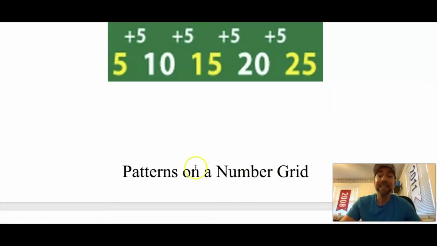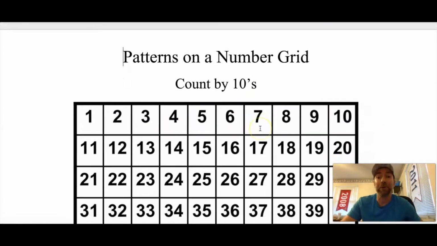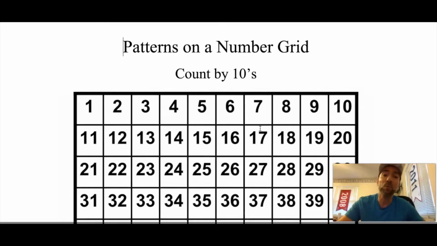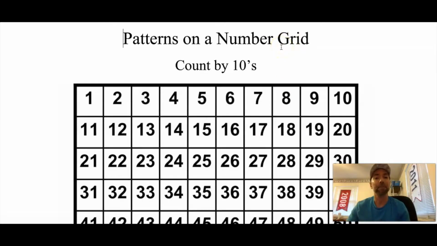All right, today we're going to be looking at patterns on a number grid. So for this activity, you will need your number grid and your dry erase marker. Because what we are going to do on our number grid is count by a certain number. We're going to skip count. But every time we say that number, we're going to go ahead and circle it.